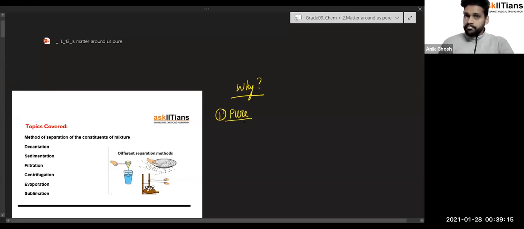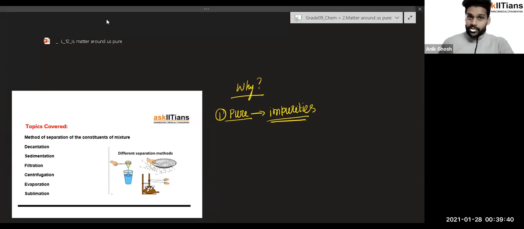All the things that come for our daily use in our house are not pure, and we want to make them pure. So for that reason, we need to know how to make them. If there are some impurities in a particular thing that we are bringing, then we need to know how to separate these impurities. So for that reason, we need to know how to separate out the mixtures, right?